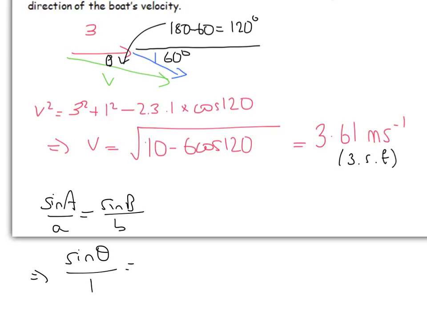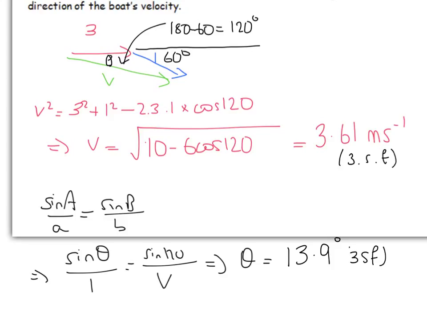That's equal to sine 120 divided by V, which gives you theta equal to 13.9 degrees, again to 3 sig figs.